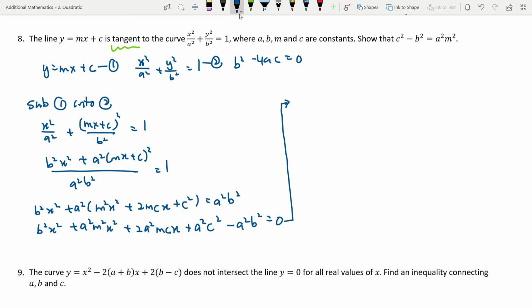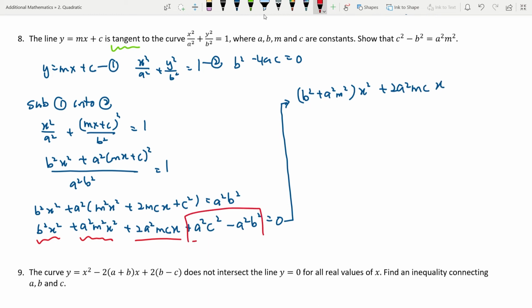We collect all the like terms and simplify the whole equation. (b squared plus a squared m squared) bracket x squared plus 2a squared mcx plus a squared (c squared minus b squared) equal to 0.